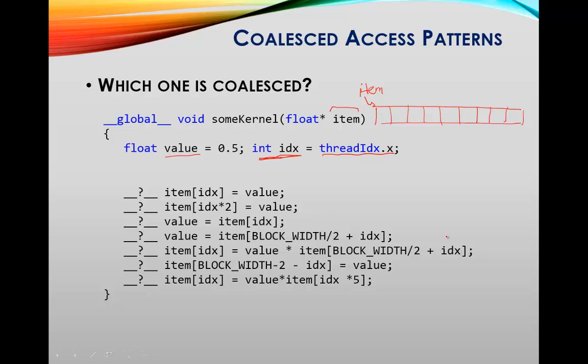So essentially from half the size of the block in, it brings in the data to copy into the beginning of the block. Then item[block width minus 2 minus index] equals value. And the last operation basically multiplies the item at 5 times the location into my current location.